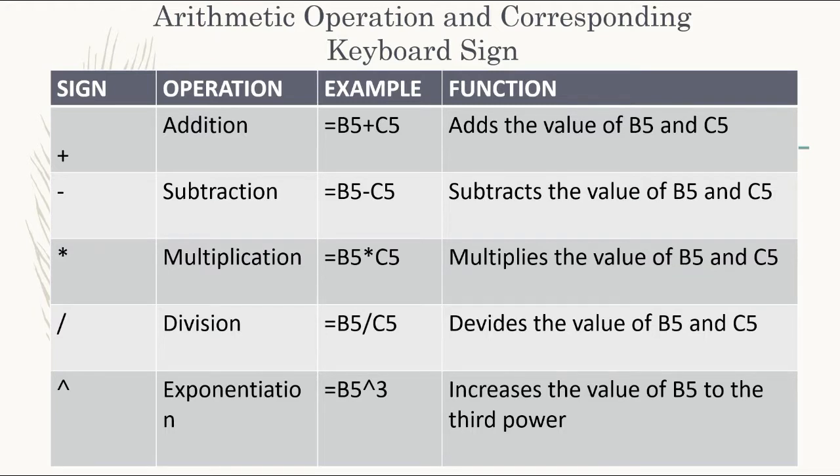Okay. So, we have the addition, subtraction, multiplication, division, and exponentiation. Okay, the keyboard sign are, of course, the plus sign, the minus sign, or the positive sign, negative sign, the asterisk, the slash, and the exponential symbol.